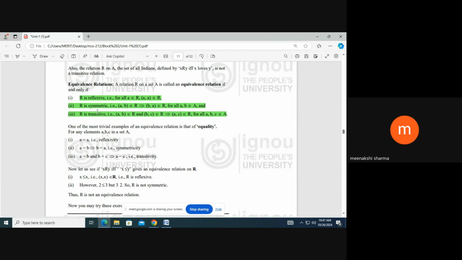R is symmetric such that (a, b) belongs to R, (b, a) belongs to R, and all a, b belong to A. It is also called an equivalence relation. And R is transitive: (a, b) belongs to R, (b, c) belongs to R, (a, c) belongs to R, a, b, c belong to A. It's also called an equivalence relation. Okay, students.